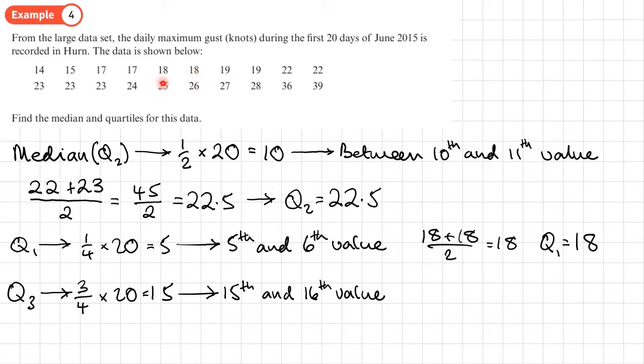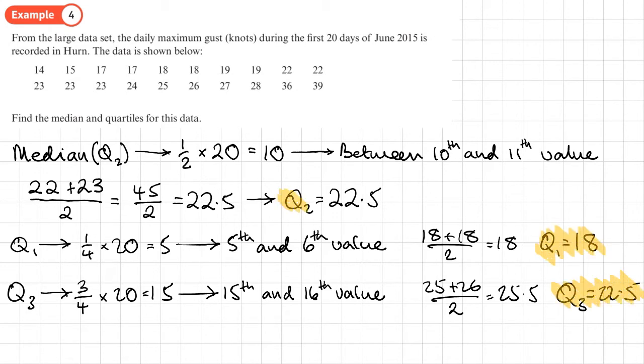So it's between 25 and 26. So we'll do 25 plus 26 divided by 2. So that's 25.5. So Q3 is 25.5. So we'll just highlight those: Q3, Q1, Q2.